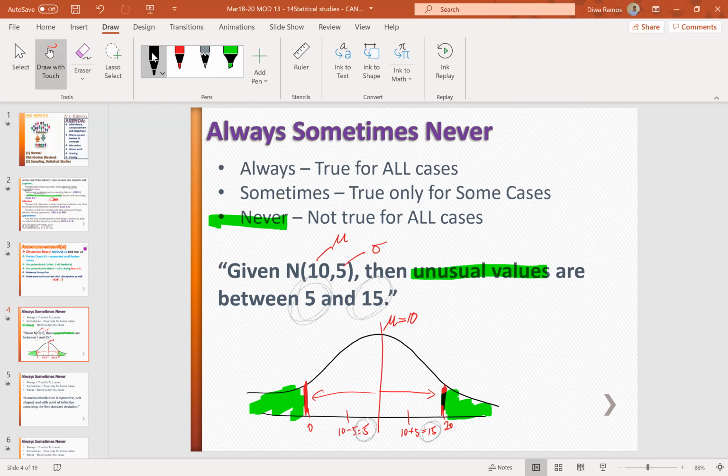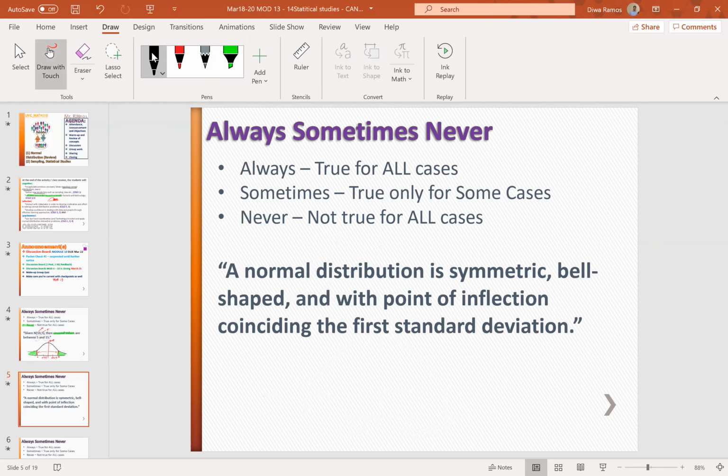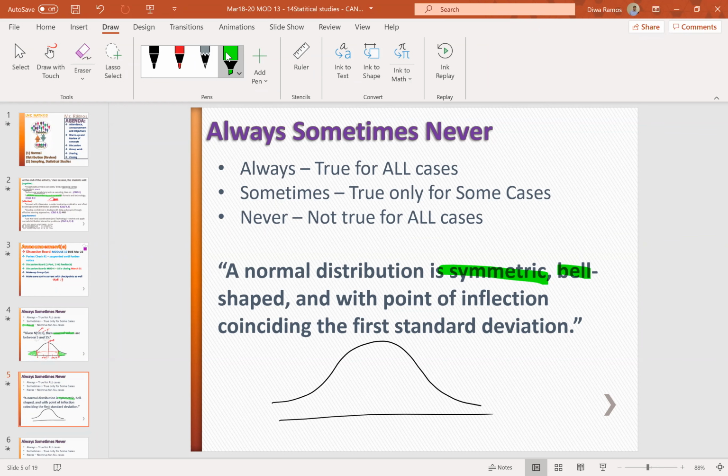Okay, let's take a look at the second one. A normal distribution is symmetric, bell-shaped, and with the point of inflection coinciding with the first standard deviation. Mouthful. All right, let's take a look at the normal distribution here. Let's break it down first. Is it symmetric, bell-shaped?